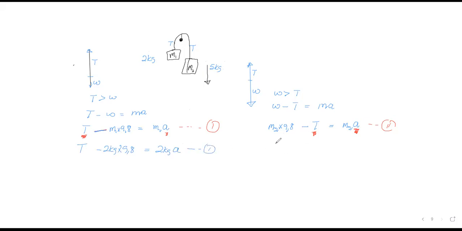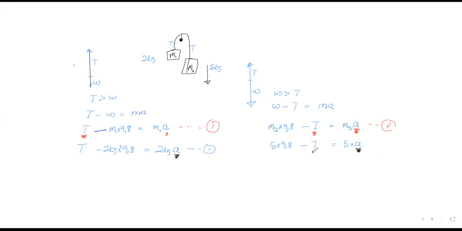For equation 2 to be 5 multiplied by 9,8 minus tension is 5 times acceleration going back. This is the same acceleration as that.